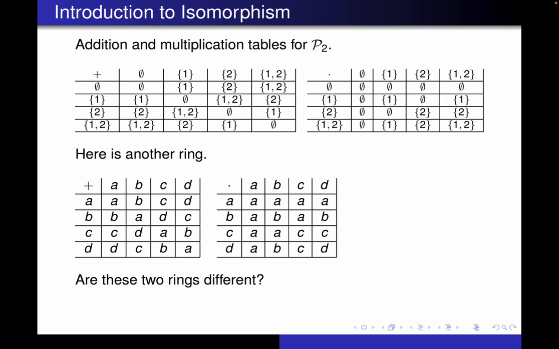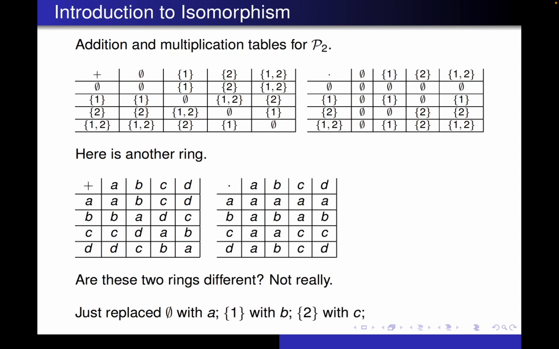Well, if you do something clever like replace the empty set with A, and replace the set containing 1 with B, and replace the set containing 2 with C, and finally replace the set containing 1, 2 with D, everywhere you see them in the addition and multiplication tables, it will look identical.